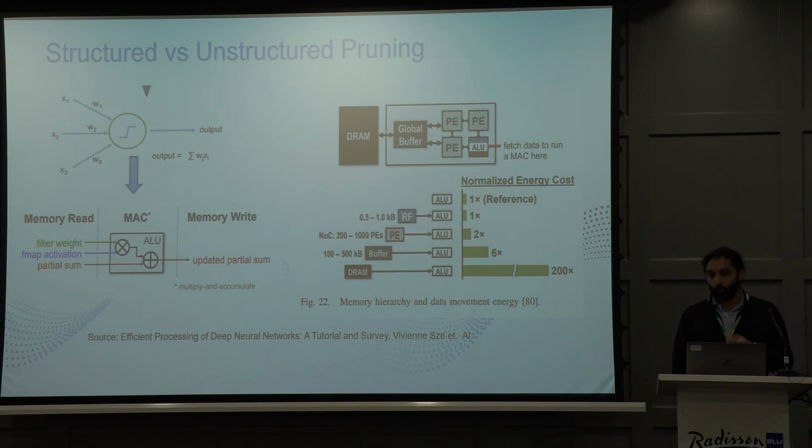So you're spending more energy, more time, more latency in fetching those weights and activations from the memory rather than actually performing the computation. And it is very important in edge devices, especially with batteries. You know, all these Apple phones with the bionic chips with neural processing engine, what do they do? They bring the memory as close to the processing element as possible, so that this latency and higher consumption of energy is minimized.